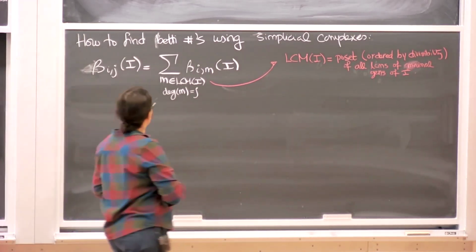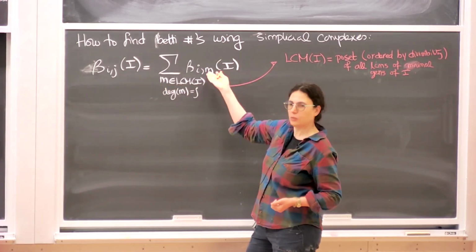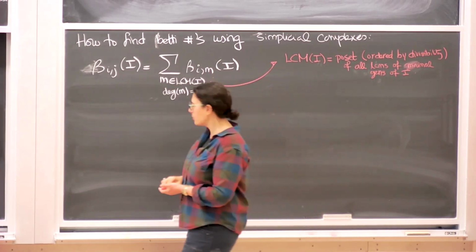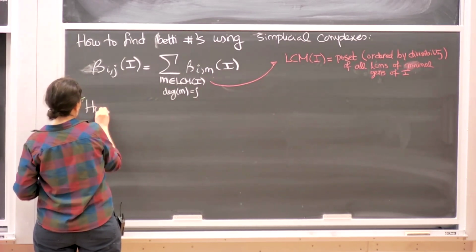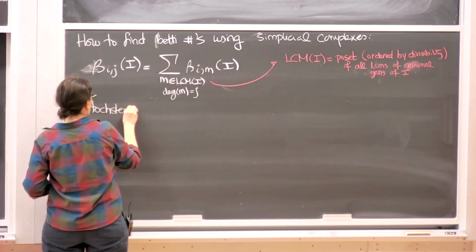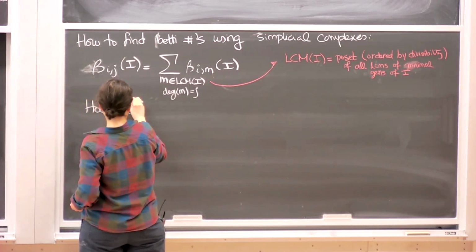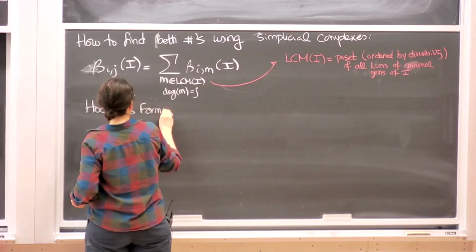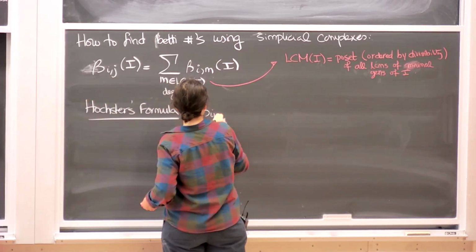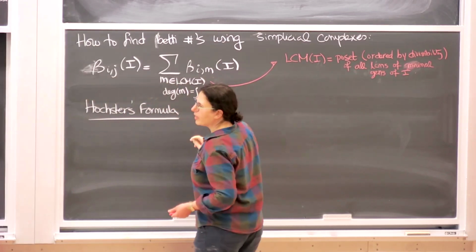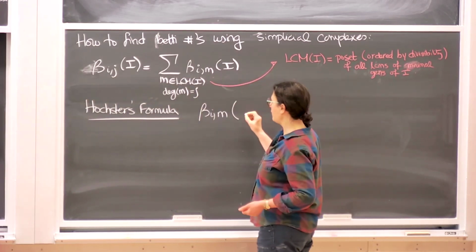Okay, so the question is really how to calculate these. So people who do combinatorial resolutions, this is what they do. They find these. So Hochster's formula tells you that. Hochster's formula. So it says that beta_{i,m}, okay, so from now on, everything I say is probably off by 1 or -1, or maybe even 2.